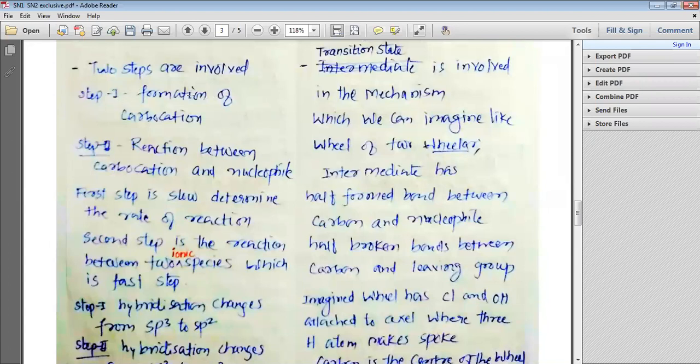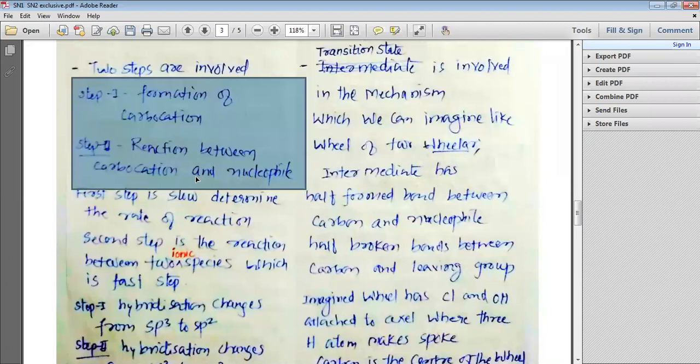In step 1 is the formation of carbocation, and step 2 is the reaction between the carbocation and nucleophile.